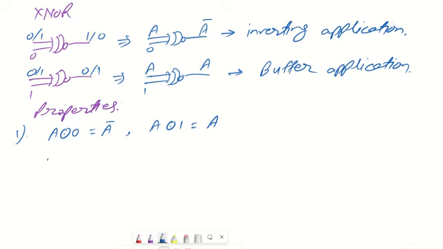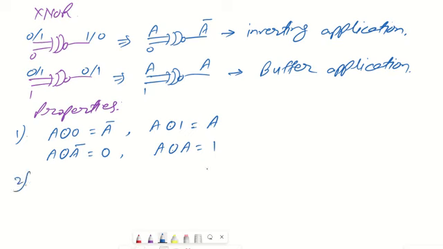Now if you do A XNOR A bar, so if both are opposite, then the output will be 0. And if A XNOR A, then it is going to give you 1, because both zeros give 1, and both ones also give 1.